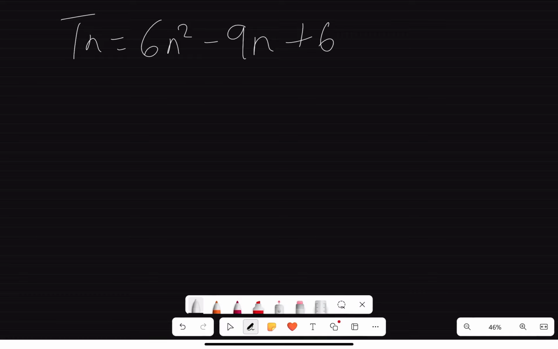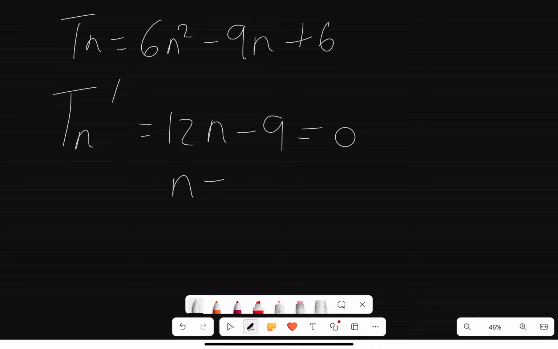So we are going to use calculus, the derivative of the pattern, which is 12n minus 9. Setting that equal to 0, I have n equals 9 over 12, because this will go that side to be plus 9. You need to divide by 12 so that the n is isolated. And this becomes 3 over 4.